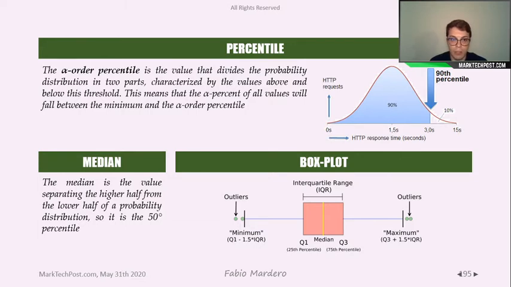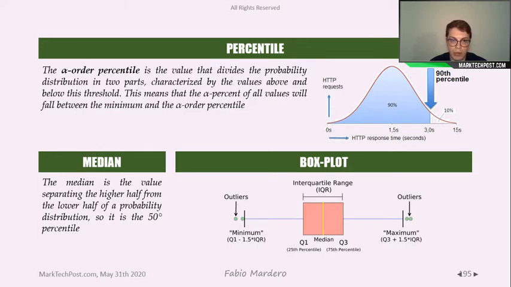For example, the percentile. The alpha order percentile is the value that divides the probability distribution into parts, characterized by the values above and below this threshold, this alpha order percentile, which is a number.